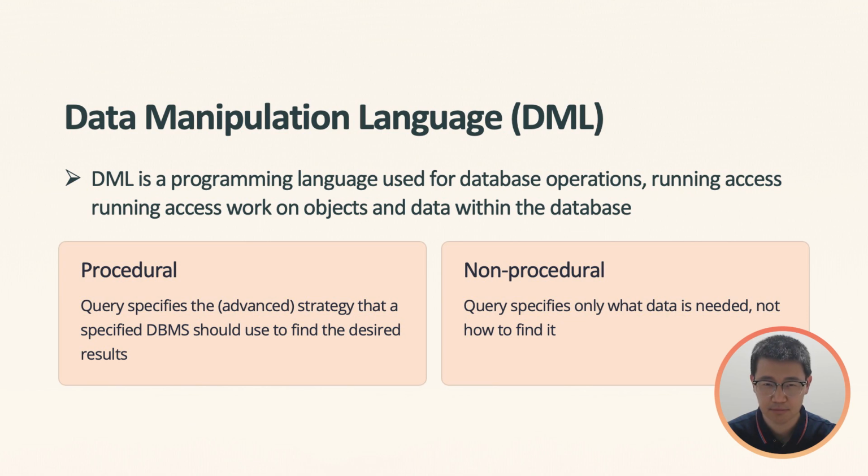SQL is a non-procedural DML. You specify what you need. For example, get an ID and a name from a table, but you don't manage how the system retrieves it. This approach is more typical of high-level languages, which are generally non-procedural and abstract away the underlying physical and disk operations.